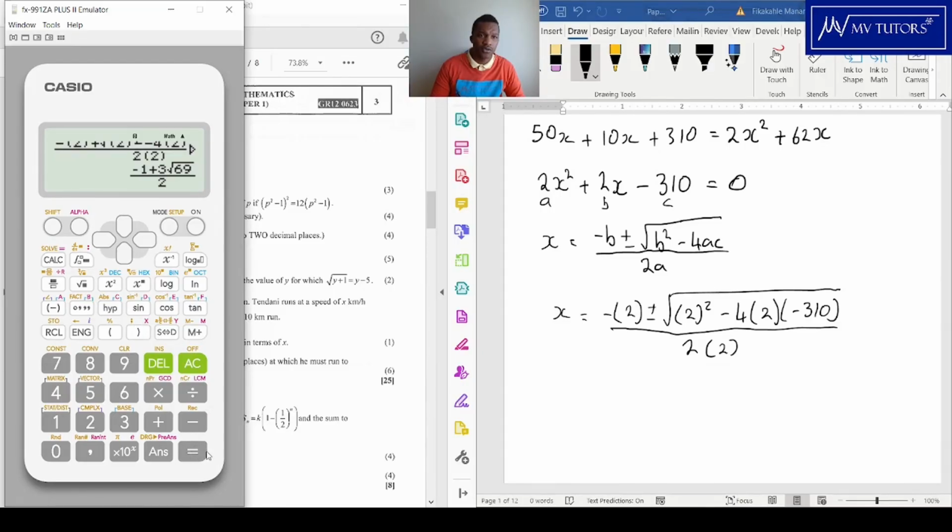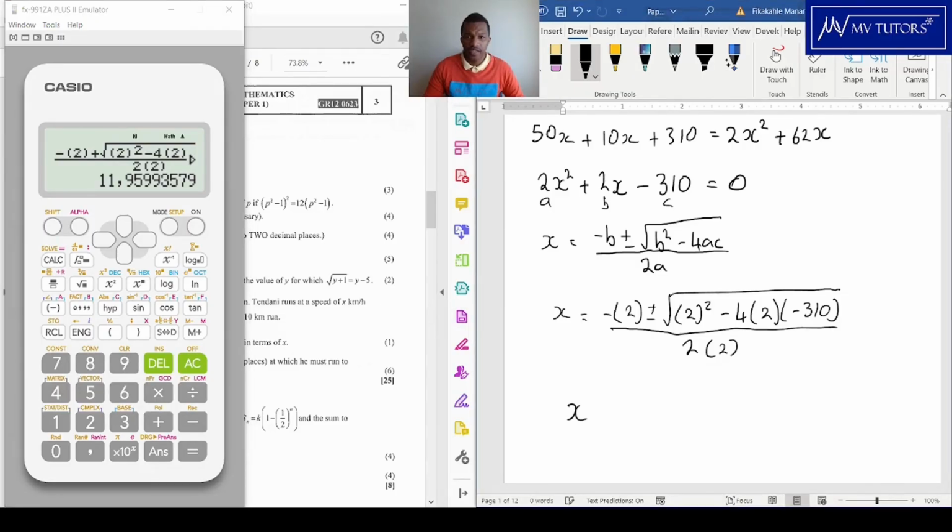What's that going to equal? In decimal form, x equals 11.96.